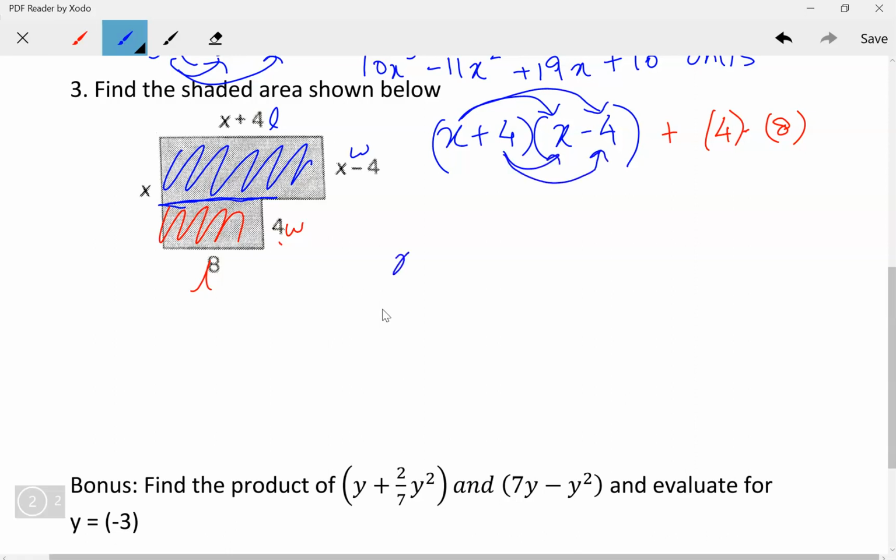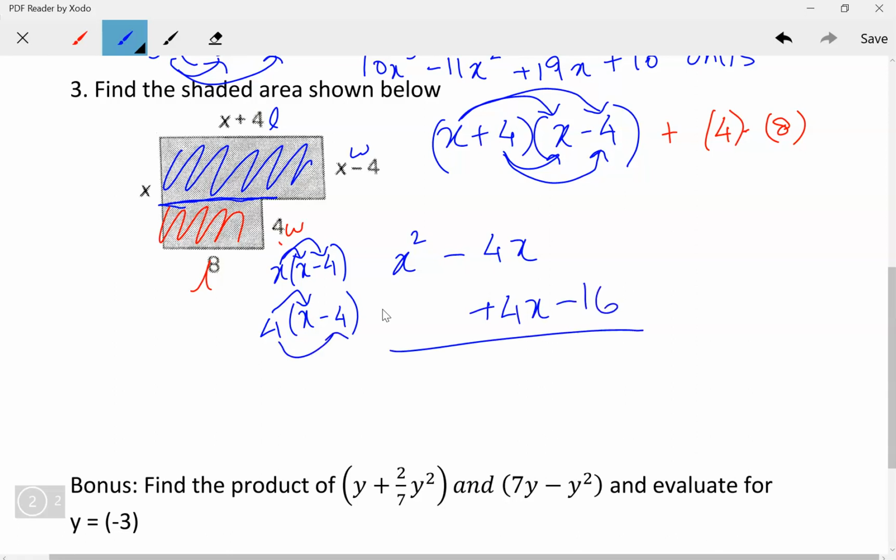X times X, X squared, minus 4X. Here I have a plus 4X, minus 16. That's all only for my first rectangle. I still carry forward this plus 32, which is 4 times 8 for my second rectangle.